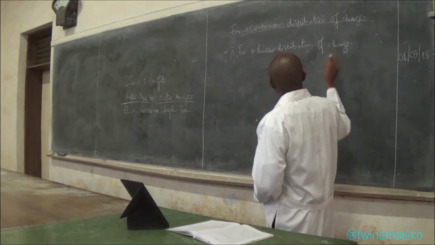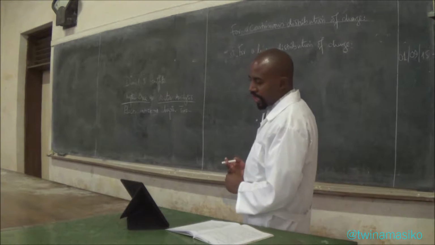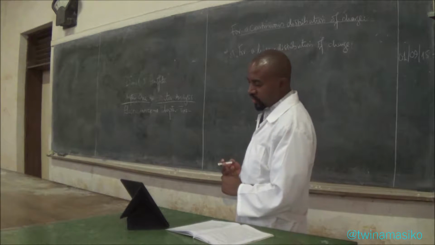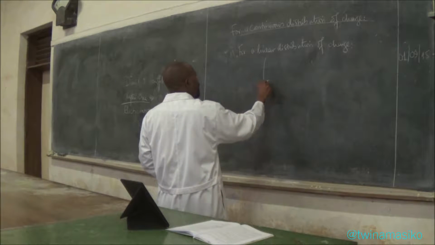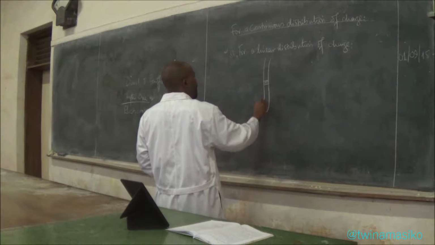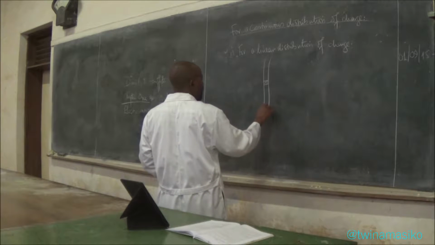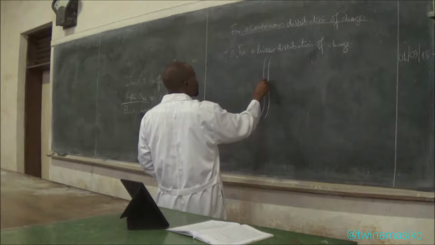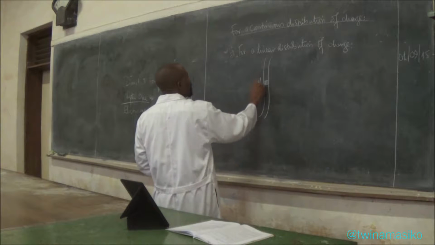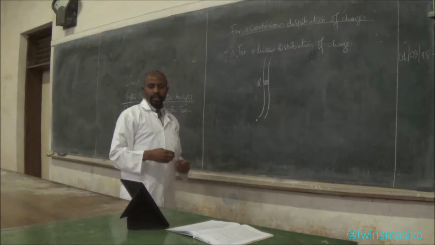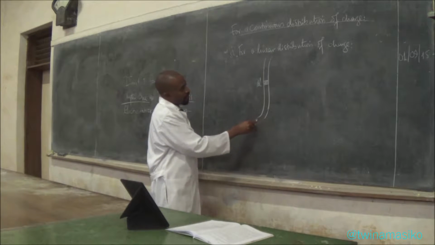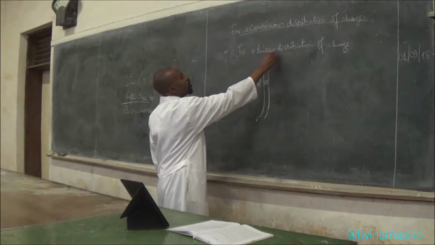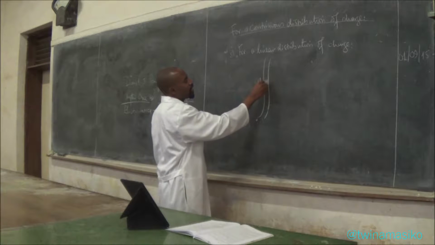So for a distribution of charge, we shall take an element of charge, that is an element there. It's just a matter of chopping off a little bit of this line. It goes on and on, but we can only draw a section of it and take this element.